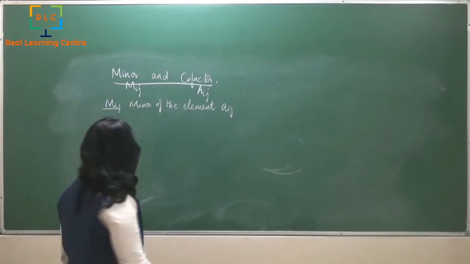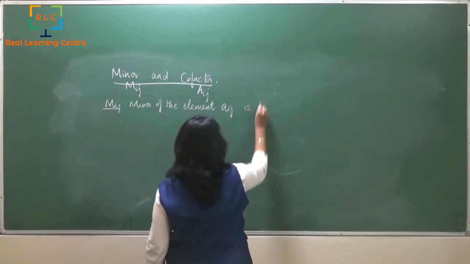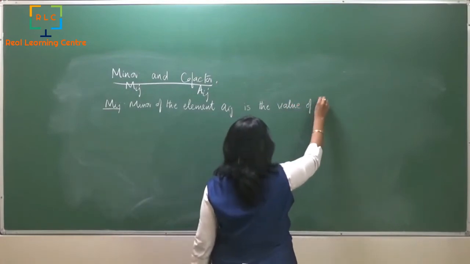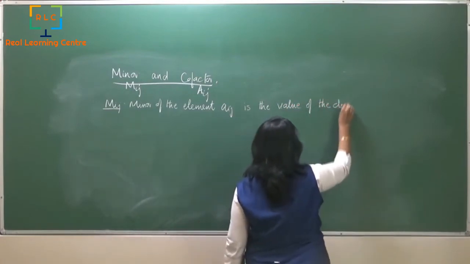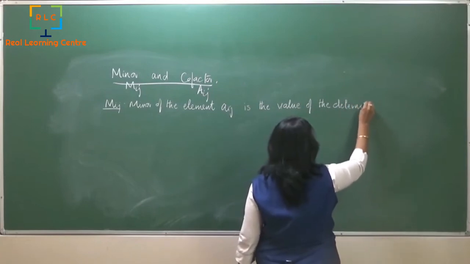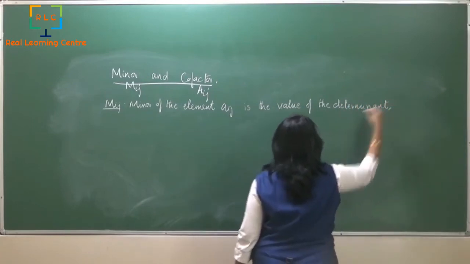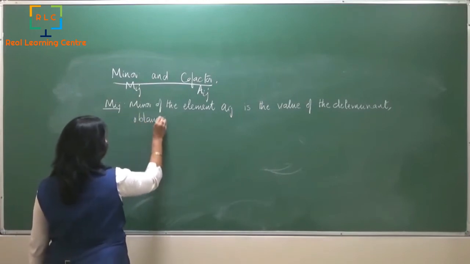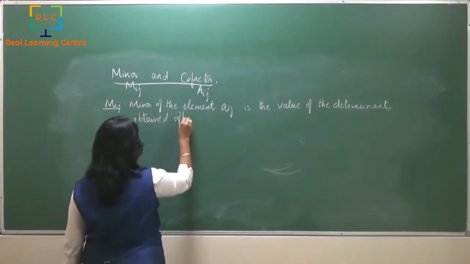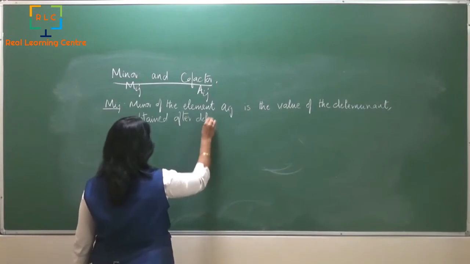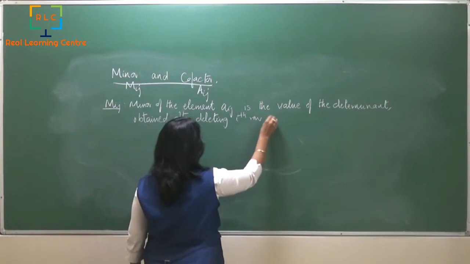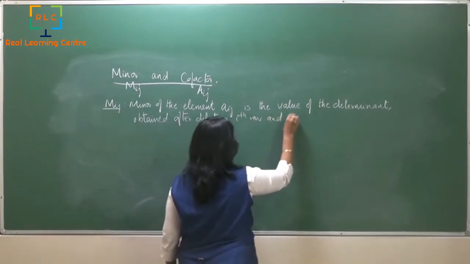It is the value of the determinant obtained after deleting the ith row and jth column.